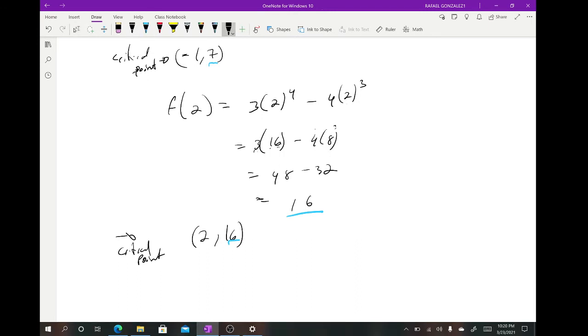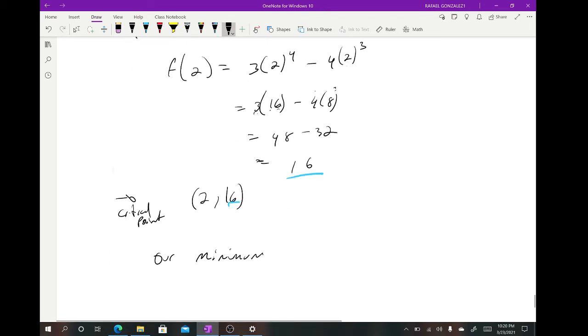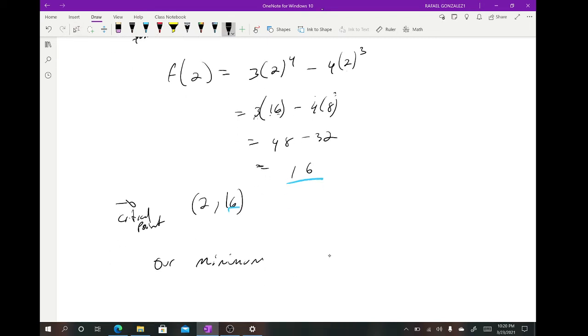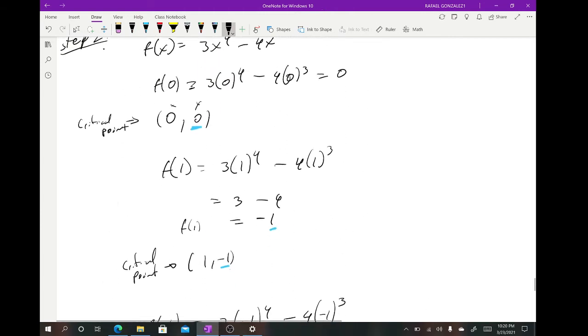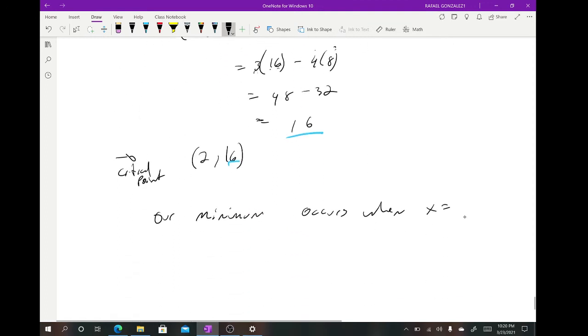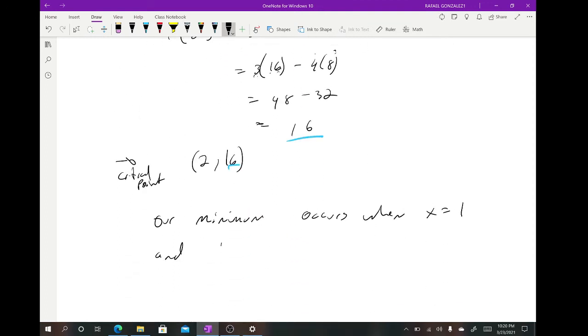So our minimum occurs when x is equal to -1, and the maximum occurs when x equals 2.